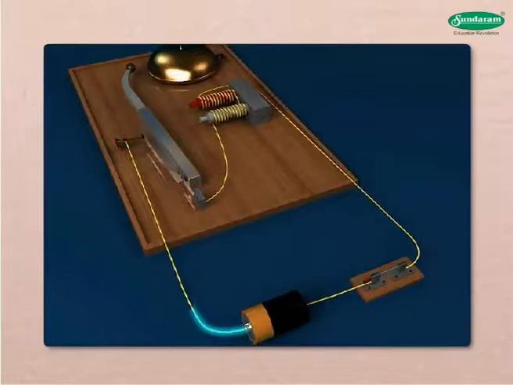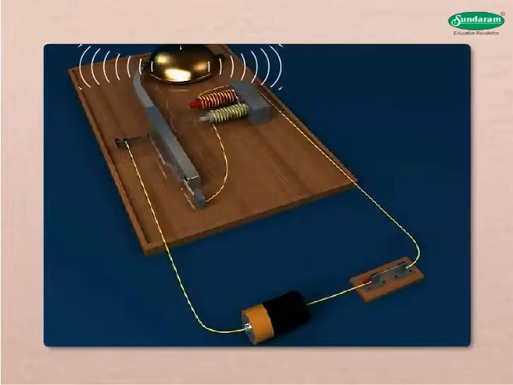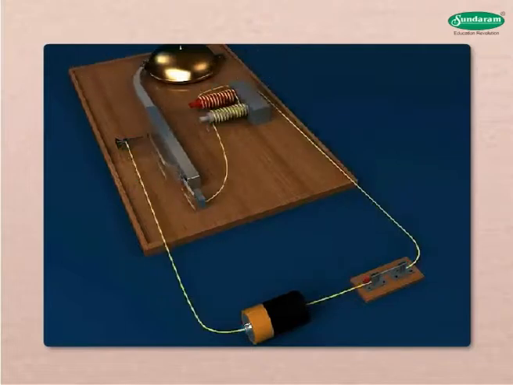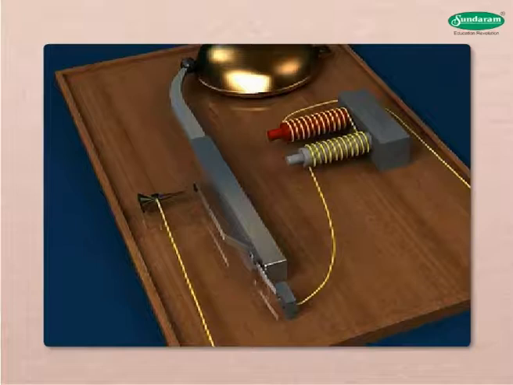The electric current starts flowing through the coil and the coil then becomes an electromagnet. This magnet then attracts the flexible iron strip. As a result, the striker hits the gong and a sound is produced. However, in this position, the contact of the strip with the screw breaks and the current stops.